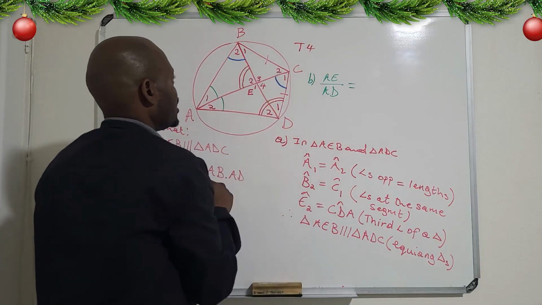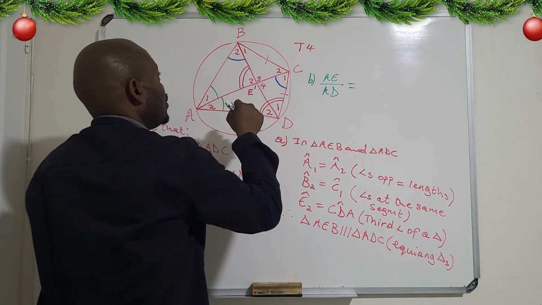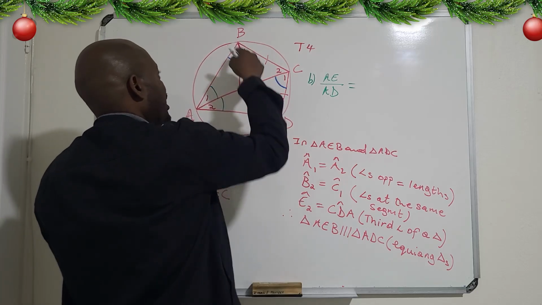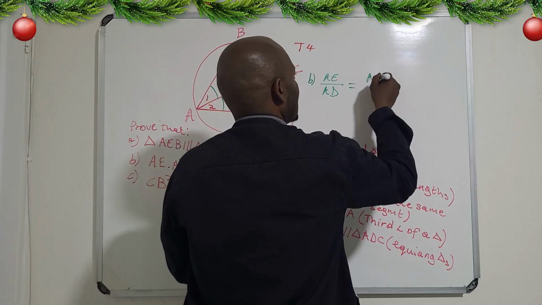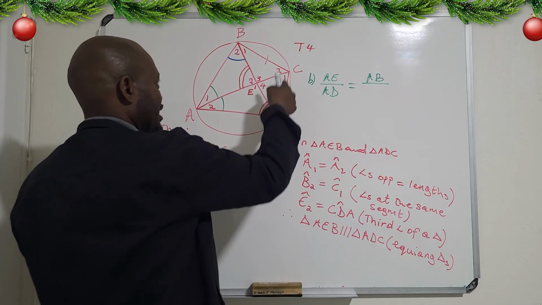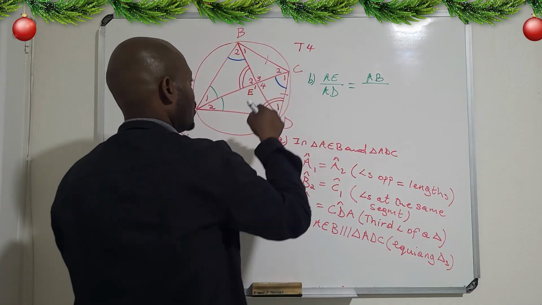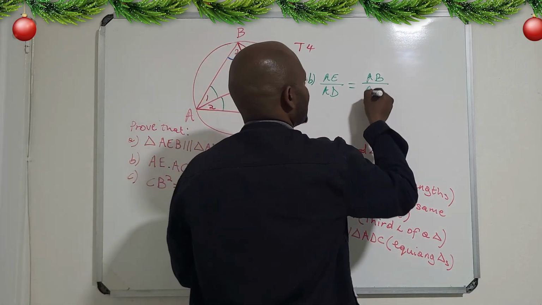Since we started in this triangle to get AE over AD, we're going to start in this triangle again, where we're going to have AB over what? We must look at the side in this triangle which is opposite this angle, which is AC, over AC.